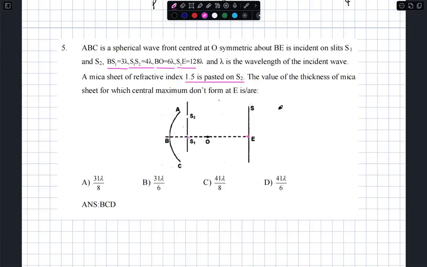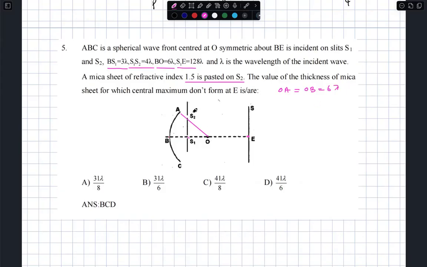First is a normal, right? AO. OA and OB are the same, physically. That is the radius of curvature, and that is 6 lambda.